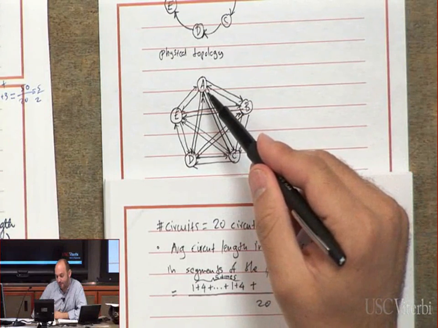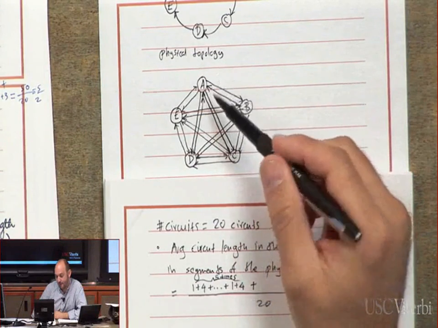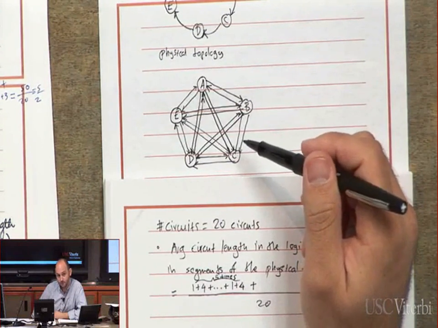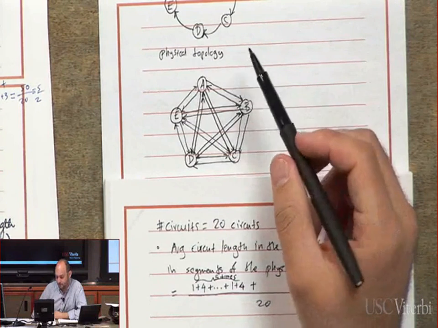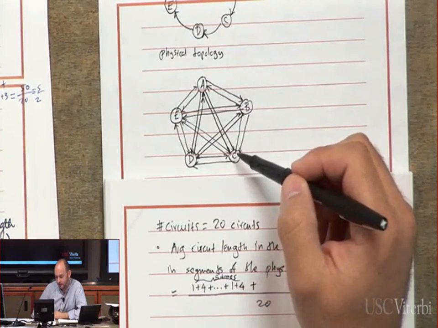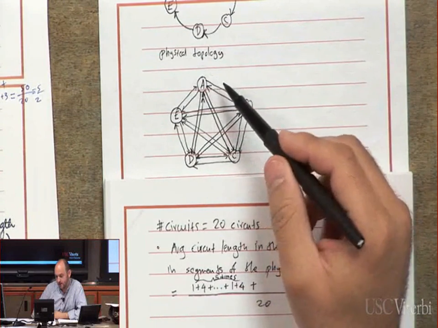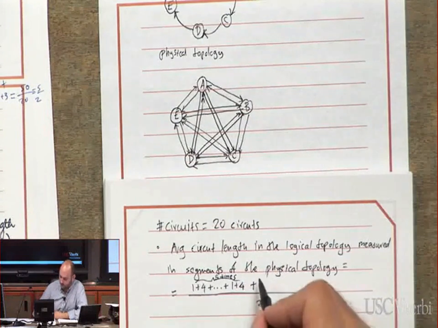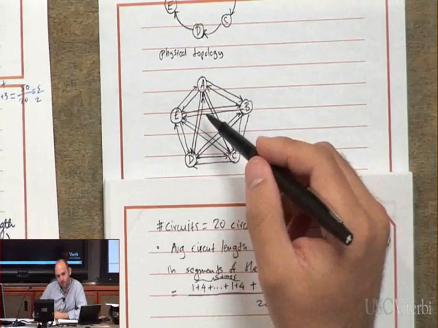So A to C is 2 hops, okay? And C to A is how much? 1, 2, 3. Okay. And the same, the opposite holds for this guy.